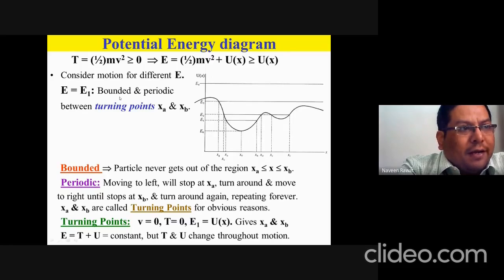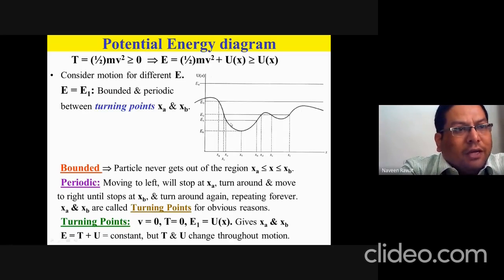It is also periodic, because if you let it go from this end, it oscillates back and forth within this parabola. So E equal to E1 represents a bounded and periodic condition, and the turning points where the particle turns back and forth are xA and xB.